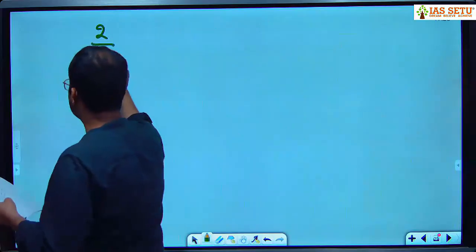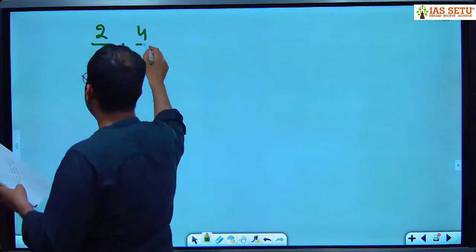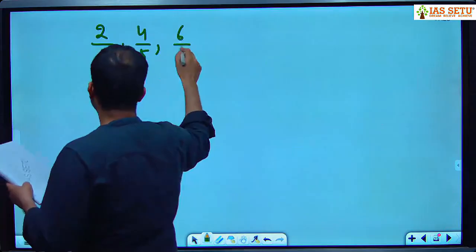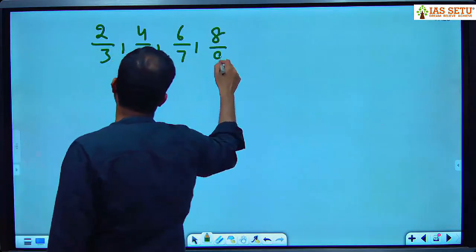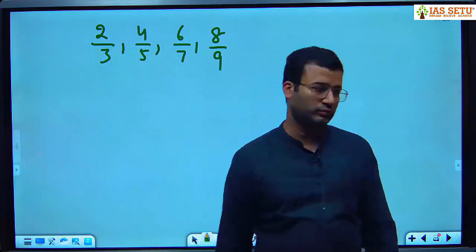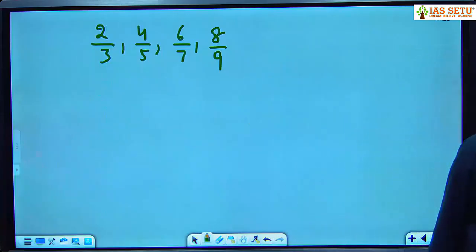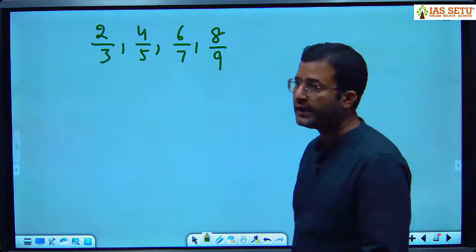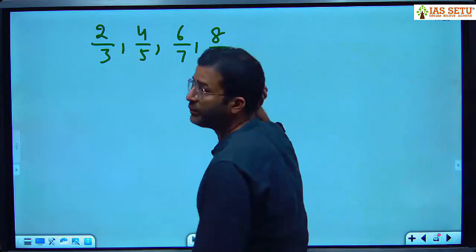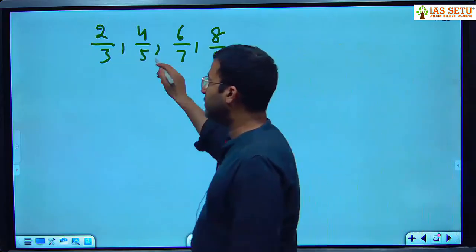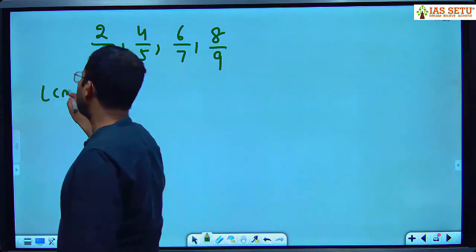This is like 2 by 3, 4 by 5, 6 by 7, 8 by 9. So what we have to do, we have to find LCM. These are already simplified. So our step number 1 is we find LCM of numerator.